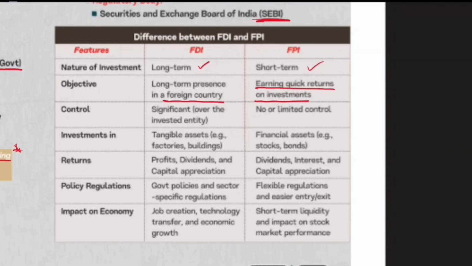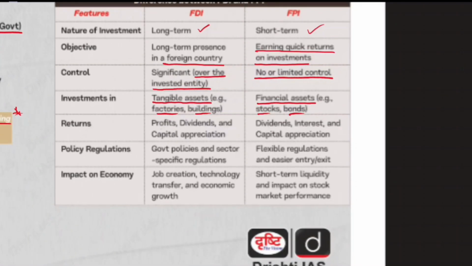Control: significant control over the invested entity in FDI, no or limited control in FPI. FDI is investment in tangible assets like factories and buildings, FPI in financial assets like stocks and bonds. Returns in FDI are profits, dividends, and capital appreciation; in FPI, dividends, interest, and capital appreciation.